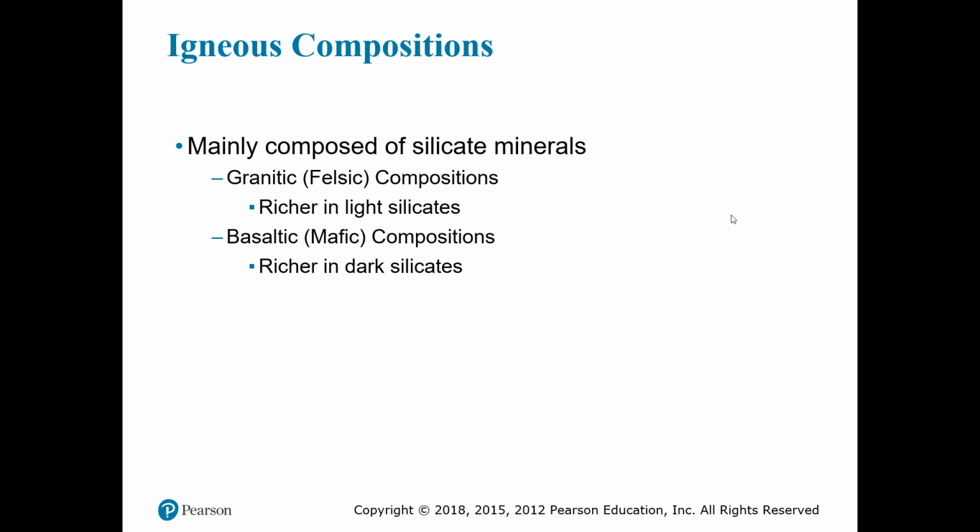They both mean the same thing. Granitic or felsic means high in silica and light in color. Basaltic or mafic compositions are richer in dark silicate minerals. They're darker in color. They also give us an indication of where or how this particular igneous rock formed.